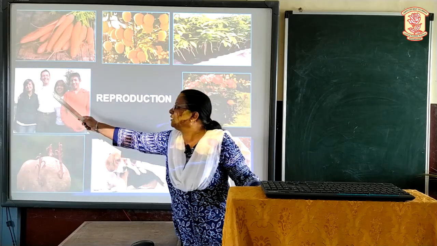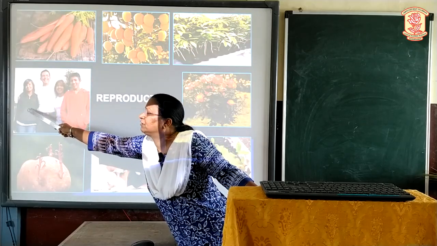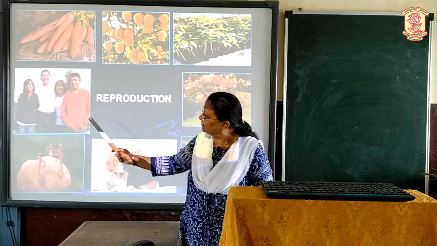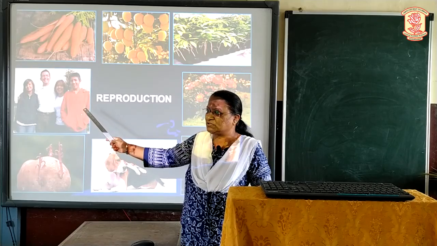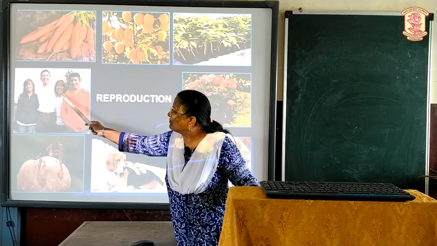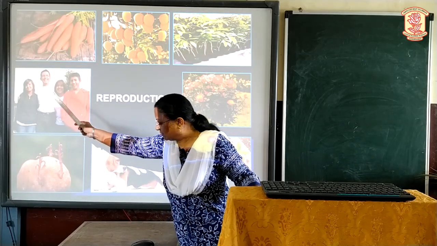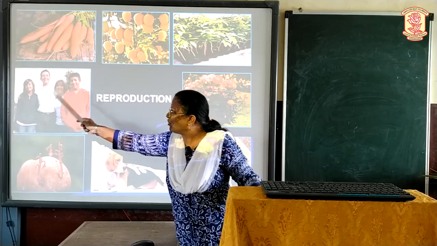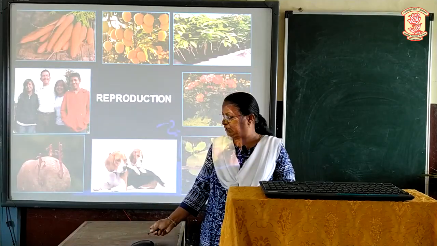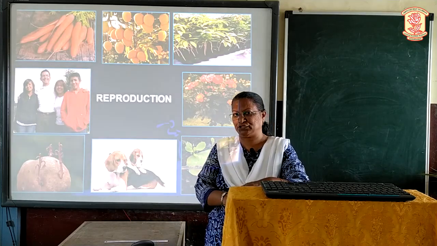You can see the father and the mother and their two offsprings, the daughter and the son. If you look very closely, you can see the son resembles the mother and the daughter resembles the father. That means these offsprings are being reproduced by sexual reproduction.